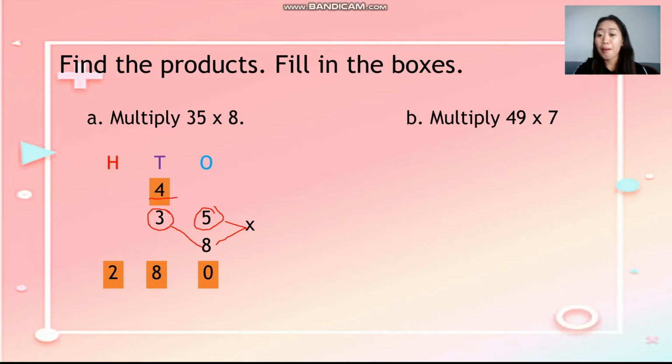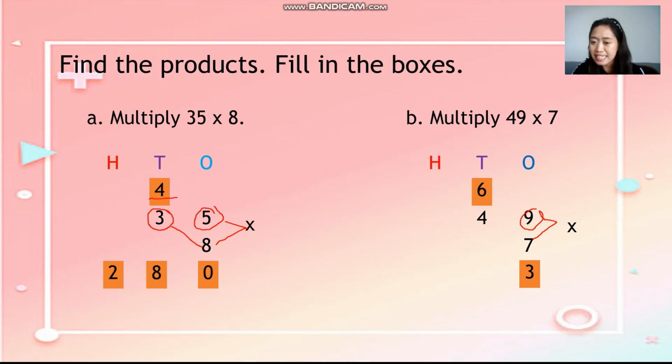Next, letter B. Let's read: multiply 49 times 7. Let's answer. 9 times 7 equals 63. We write 3 in the ones place and carry over 6.